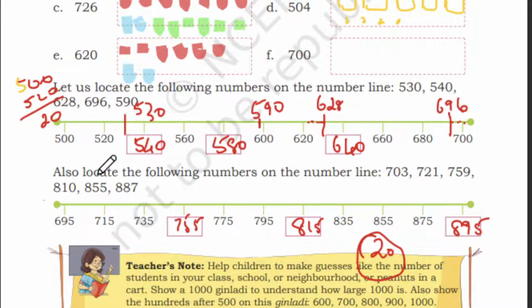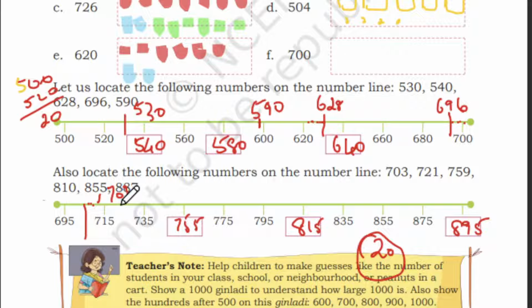Okay. So now we are going to locate these numbers. So 703. So where we are going to get 703? Here 695. You'll get 700 here. This is 700. So 3 is 1, 2, 3. So here you will get 703. Next is 721. So this is 715.